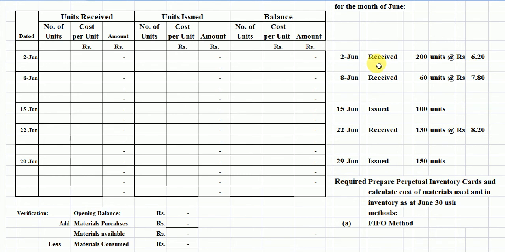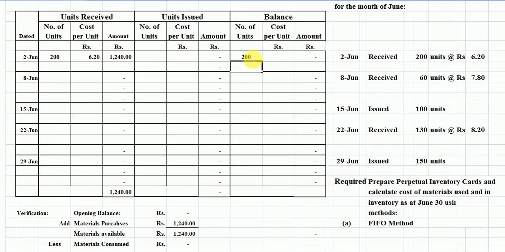Student, this transaction will be recorded in the given perpetual inventory card in the column of units received: 200 units, cost per unit 6.20. The total amount is 1240 rupees here.